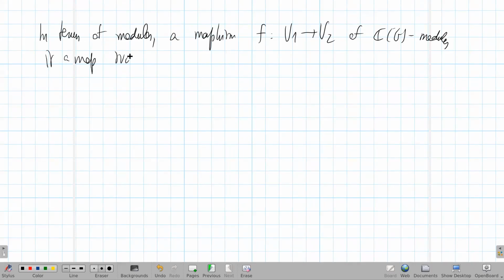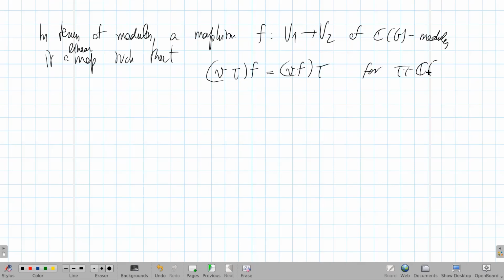a linear map such that, well, it's the same thing. I'll write it like this: f, now I have to use some term, let's say tau, (v tau) f equals (v f) tau for tau in CG.